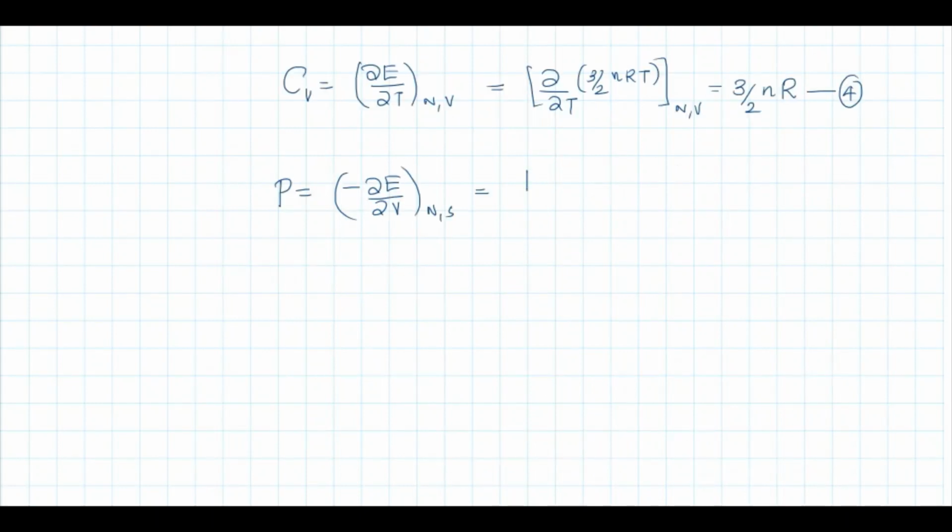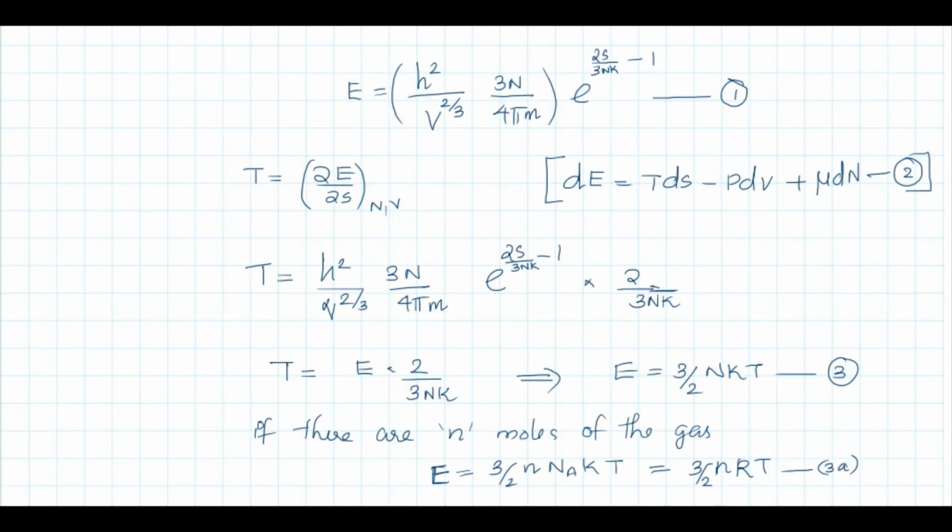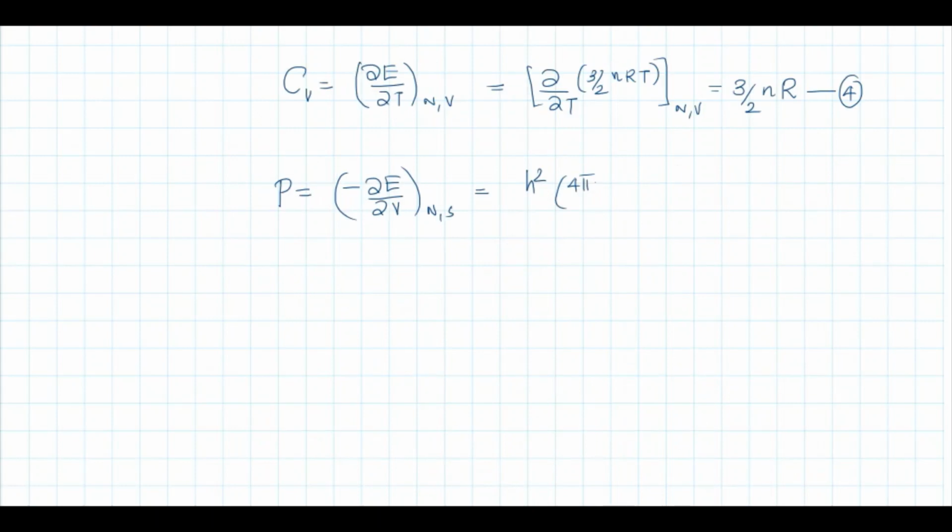So I can write h squared, 3n by 4 pi m, exponential of 2S by 3nk minus 1. All these are constants.